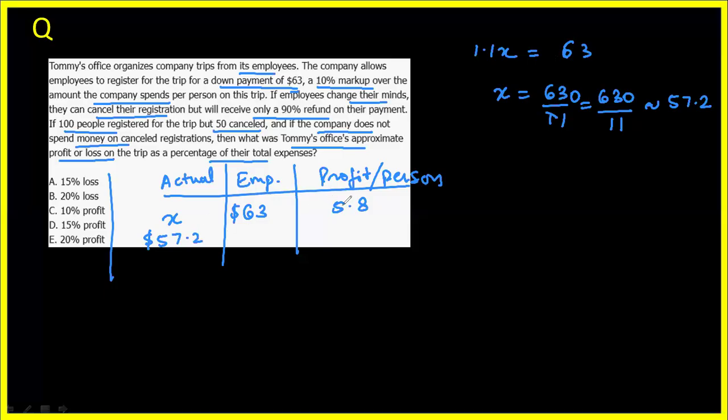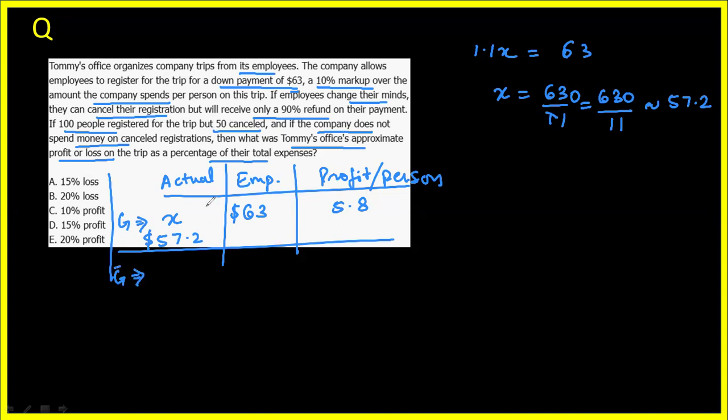That's the profit per person when a person goes on that office trip, $5.8.